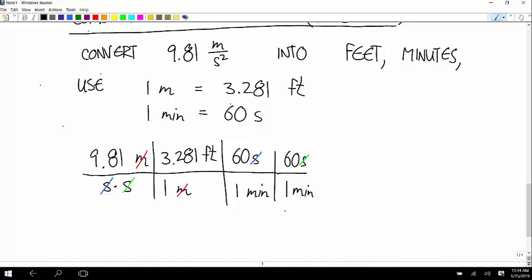Anybody have a calculator? Can you tell me what that number is? It's going to be something really big. 872 feet per minute squared. Okay, so if you want to use those unusual units, that's the acceleration of gravity.